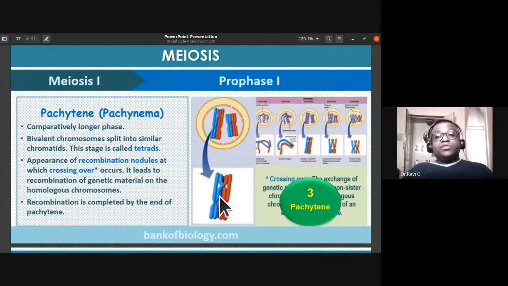The appearance of recombination nodules, at which crossing over occurs. The number of recombination nodules depends upon the length of the chromosome. So it leads to recombination of genetic material on the homologous chromosomes. Recombination is completed by the end of pachytene, that is genetic recombination.